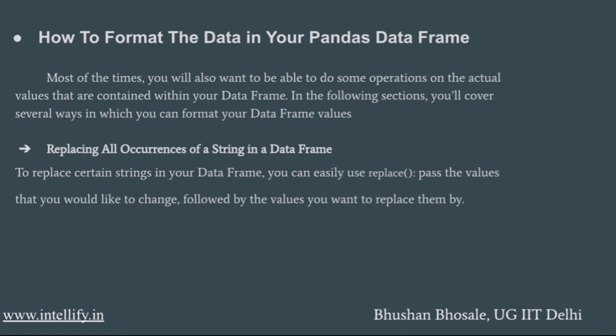To replace certain strings in your data frame, you can easily use the replace method and pass the values that you would like to change, followed by the values you want to replace them by. So replace bracket means that we have to pass two parameters. Then what would those two parameters be?